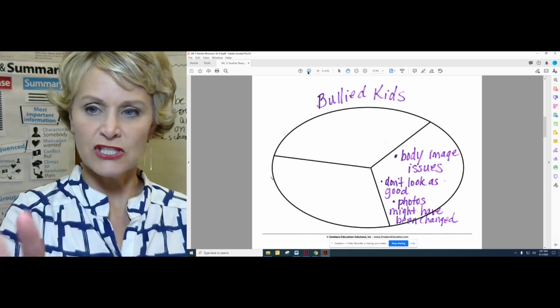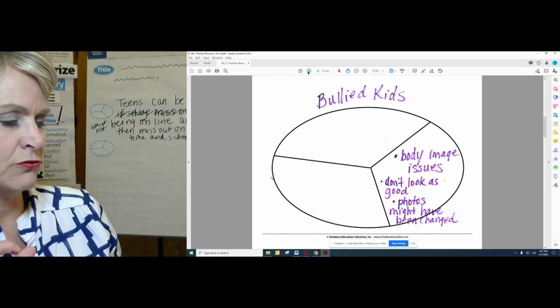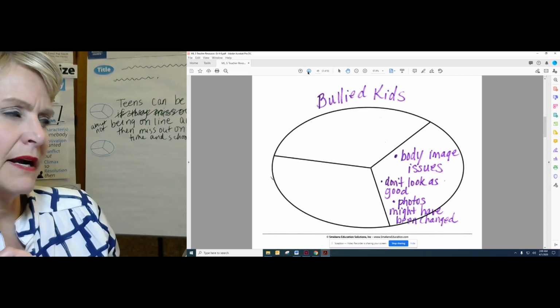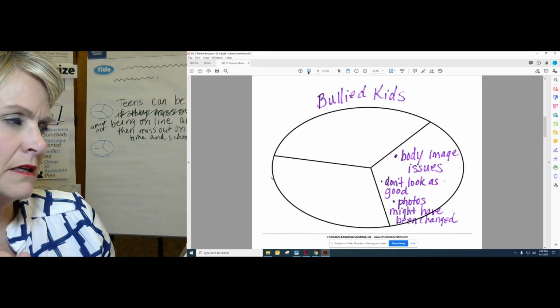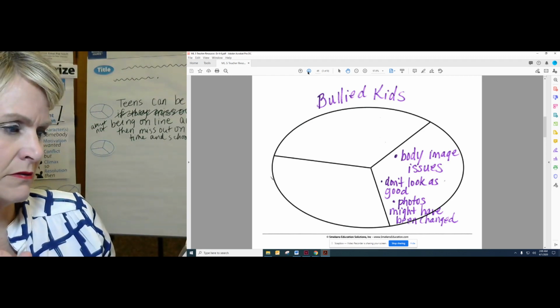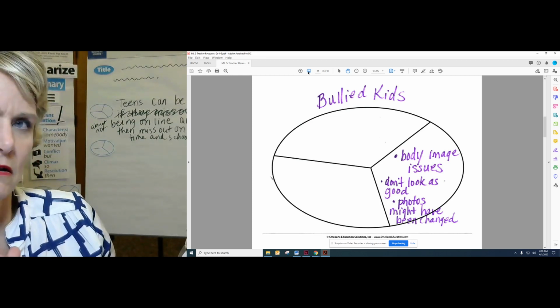So study that. What I see: body image issues, don't look as good, bullied kids. Why are the kids bullied? Body image issues. How could you say that?